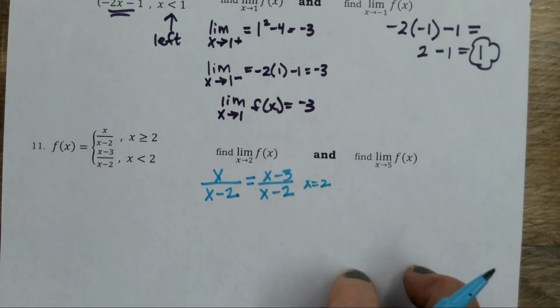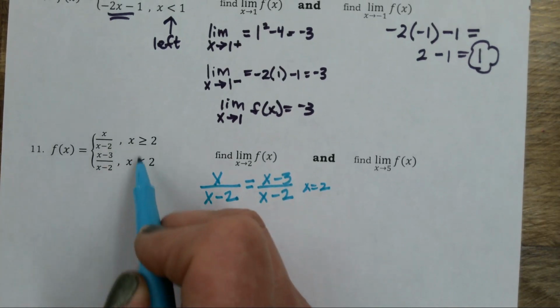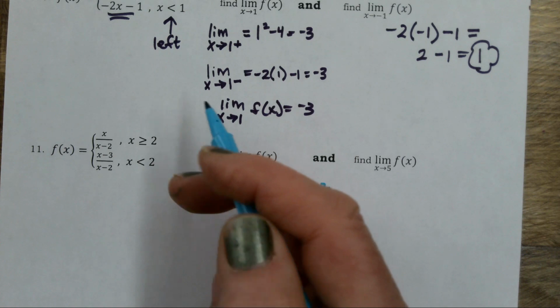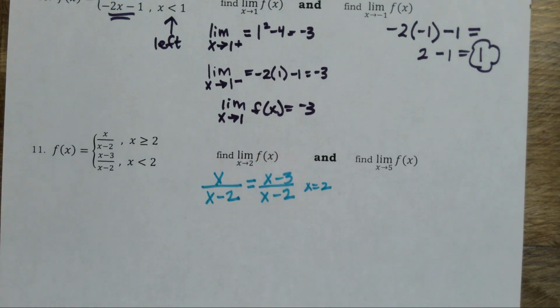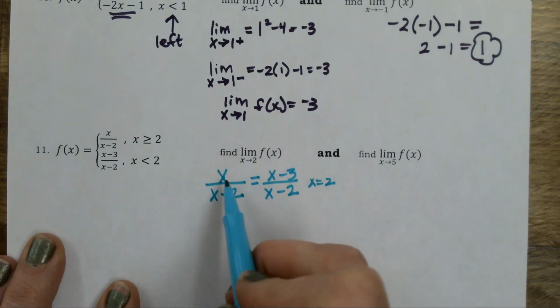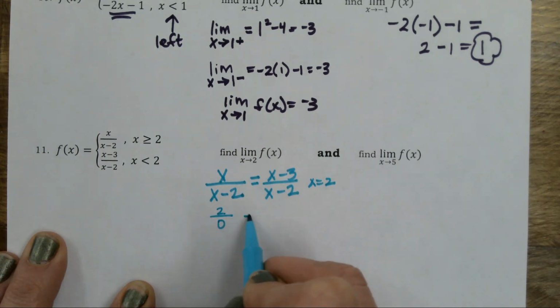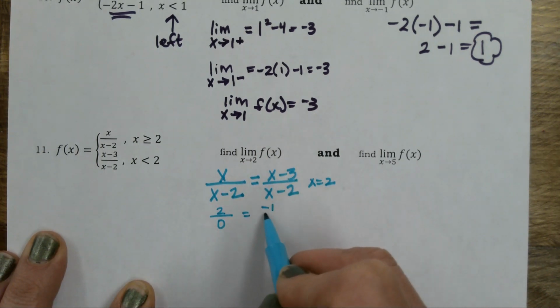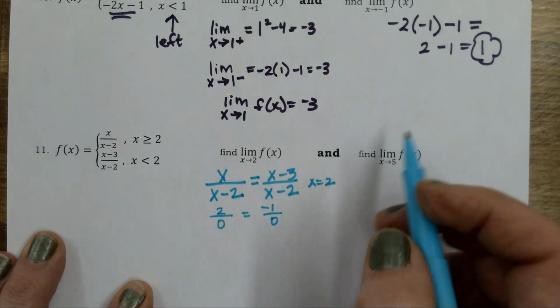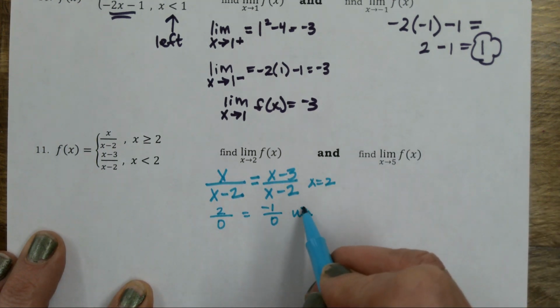That's what I want to figure out, because that is the area of interest, and if it actually has a limit, it will come together. So when I plug that in, I get 2 over 0, and I get negative 1 over 0. Both of these are undefined.